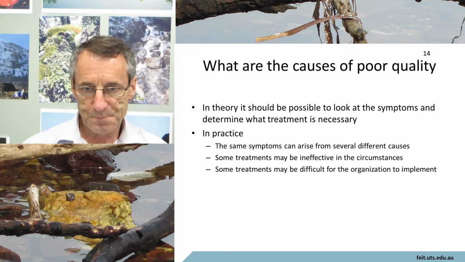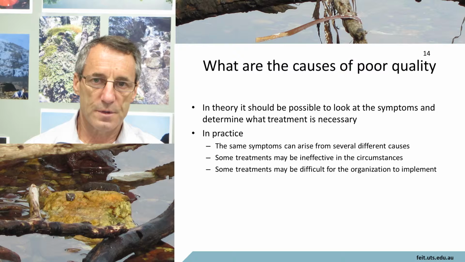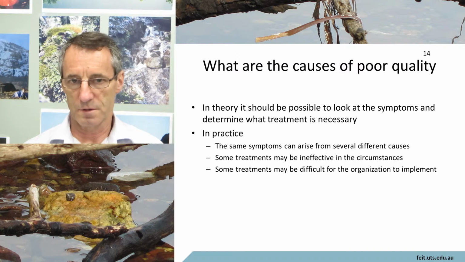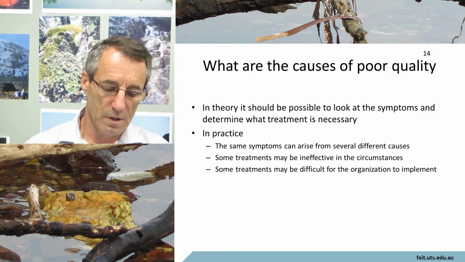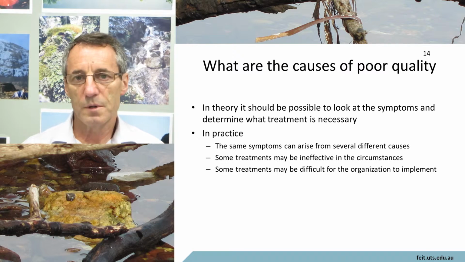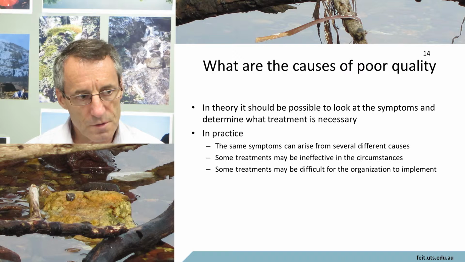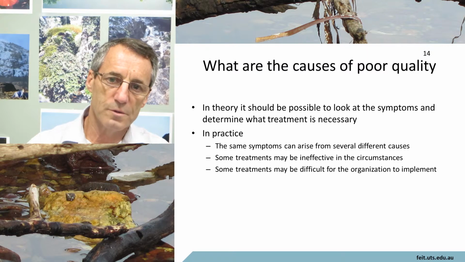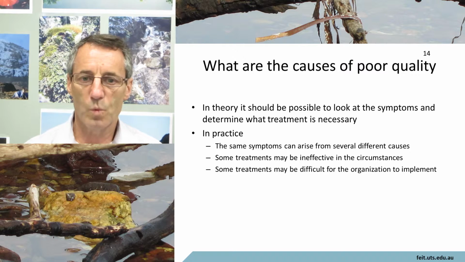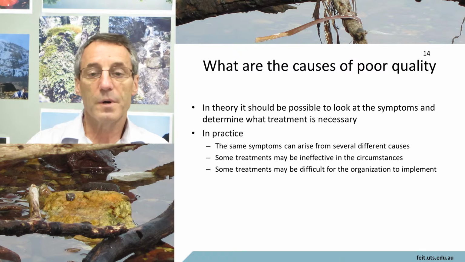Well, in practice, the same symptoms can arise from a number of causes. So the fact that you've got a symptom doesn't necessarily mean that you know exactly what's producing that cause. Particularly, there is some dispute about models of failure. The current one that's used is a linear model, or a backward trace, where you go looking for the event that passes the but-for test.